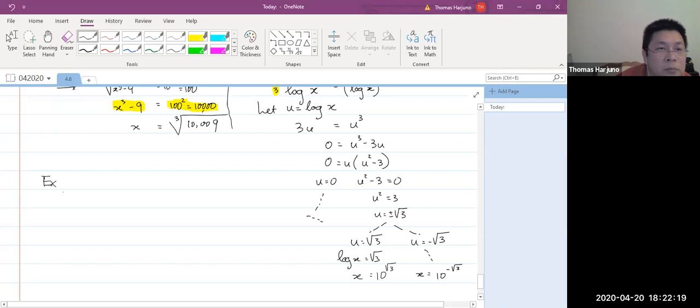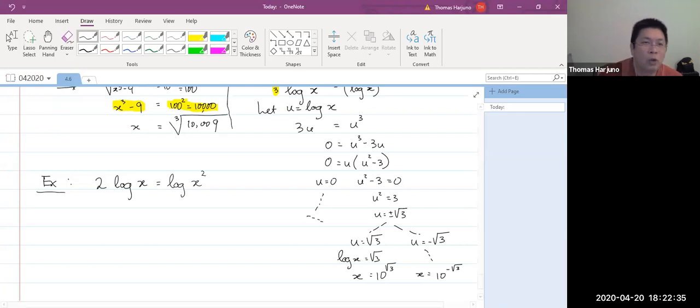The following question: 2 log x equals log x squared, for example. How do we solve this?